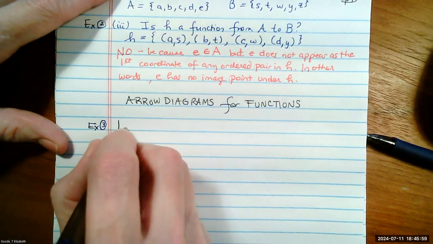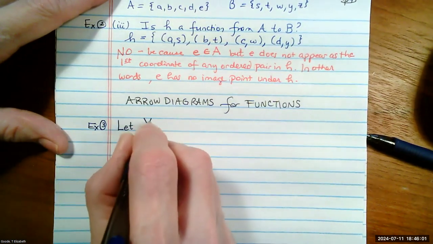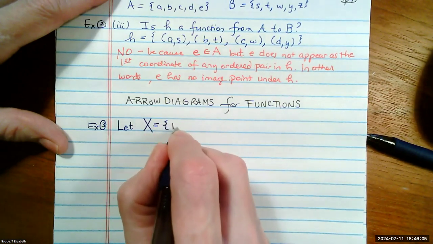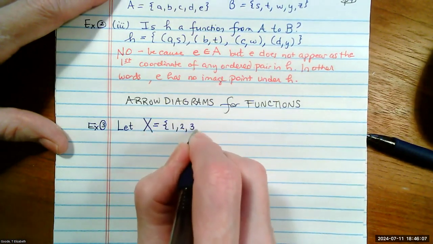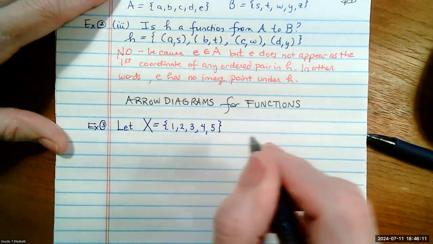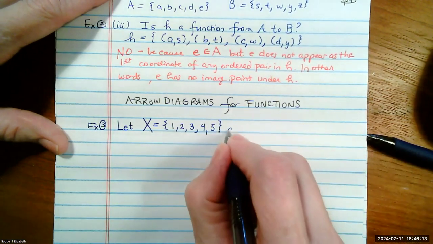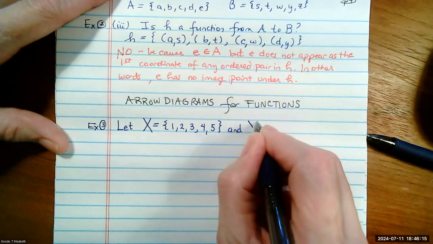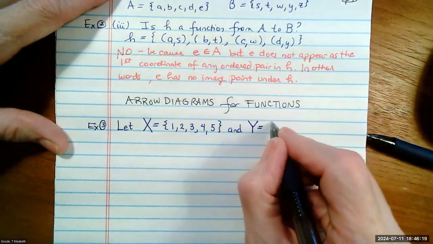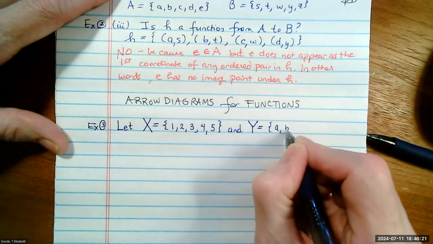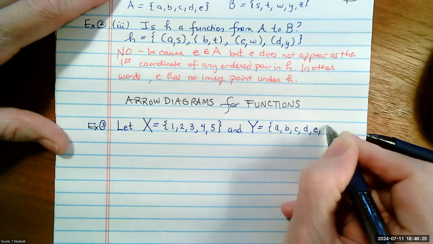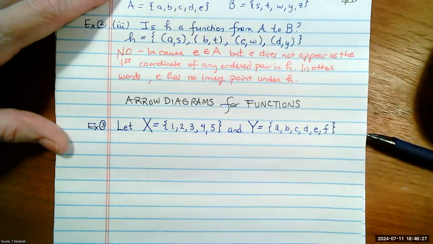We're going to let set X equal the set containing 1, 2, 3, 4, and 5. And we're going to let set Y, big Y, be the set containing little a, little b, little c, little d, little e, and little f. I want 6 elements.